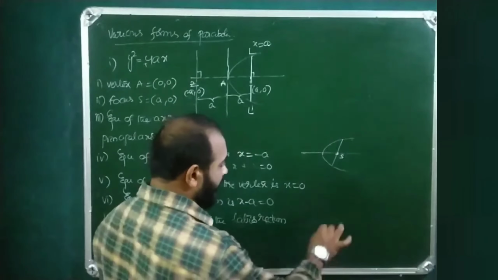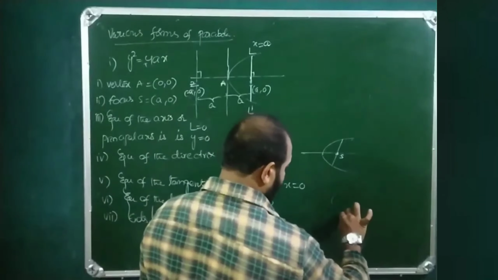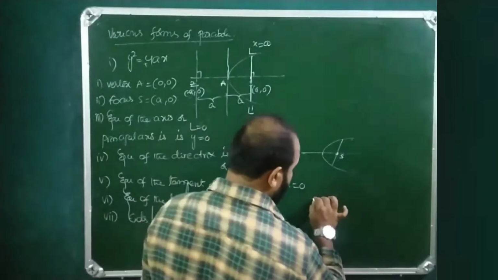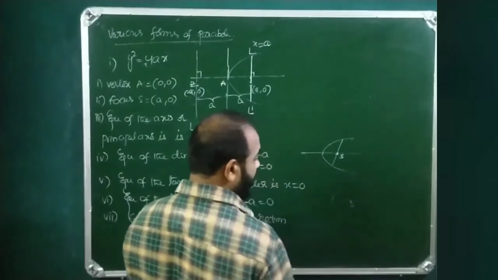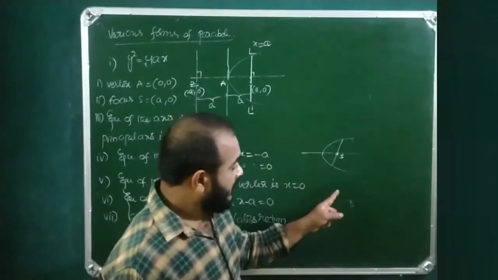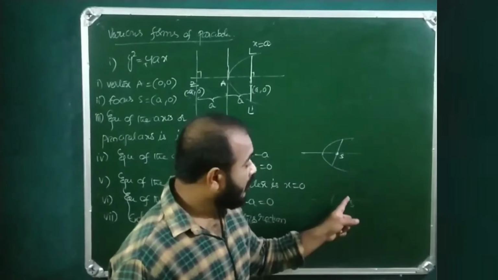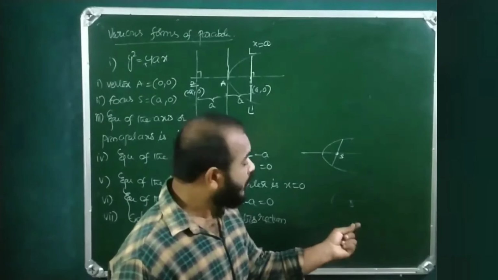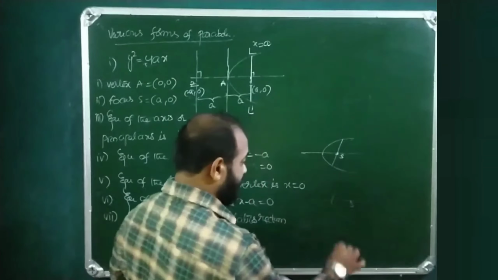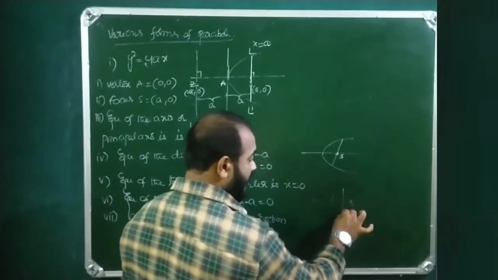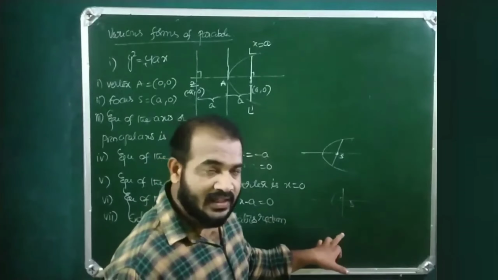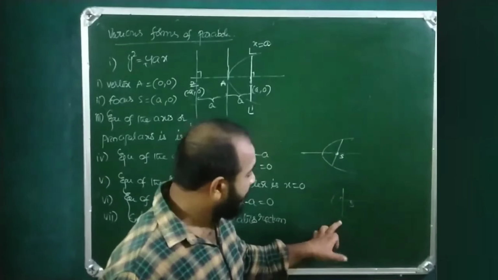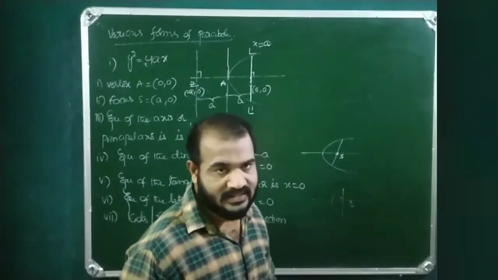So the double ordinate is, if you take a parabola and this is the axis, this is our focus, the line or the chord which is perpendicular to the principal axis. This is such a line. This line is clearly perpendicular to the principal axis.